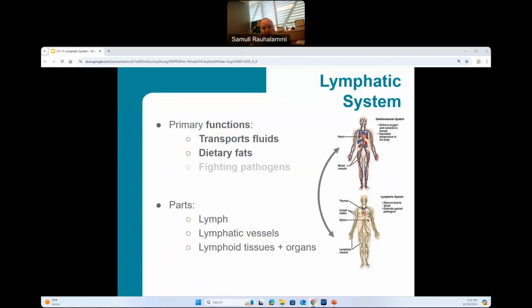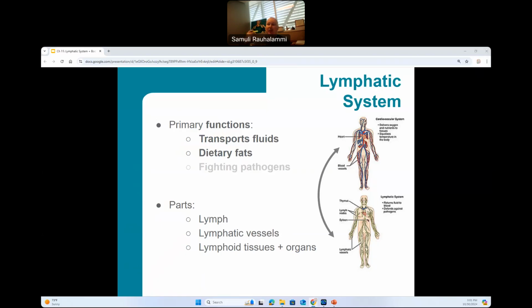The first one is exactly what we saw in the previous slide in relation to preventing the formation of the edema due to the buildup of fluid in this interstitial space. So we're using the lymphatic system to move fluids from one body compartment to another so that we can retain that state of homeostasis.